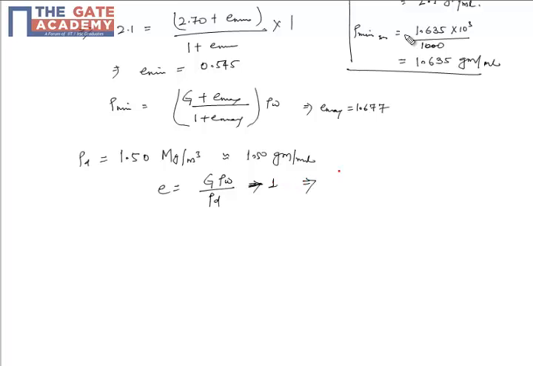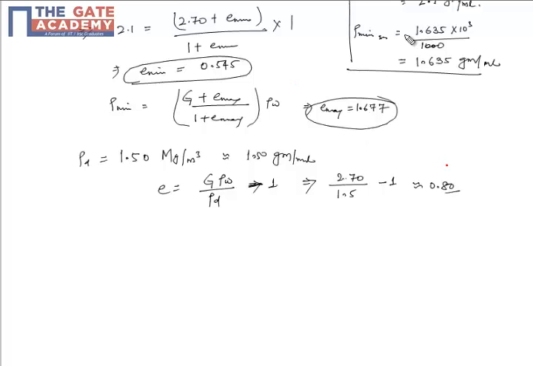From here we get 2.70 divided by 1.5 minus 1, which is 0.80. So the values are: e minimum 0.545, e maximum 1.677, and e, that is in situ, 0.80.